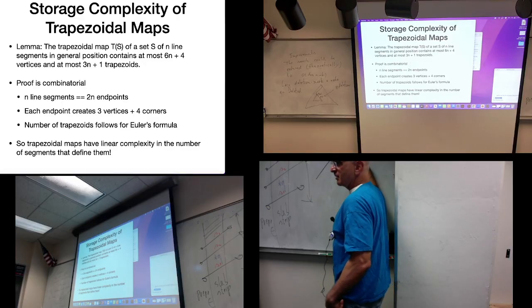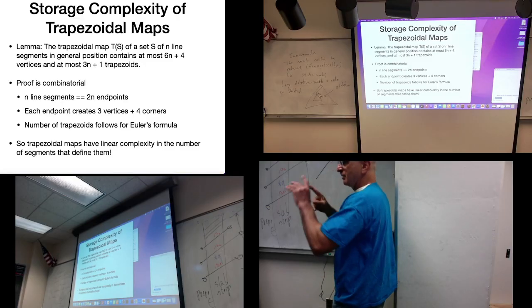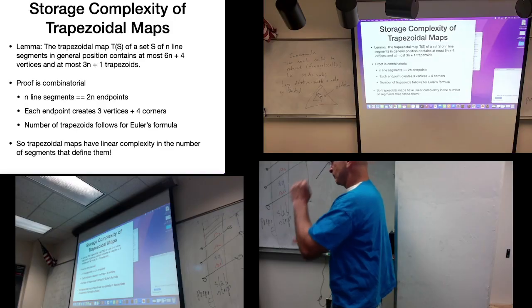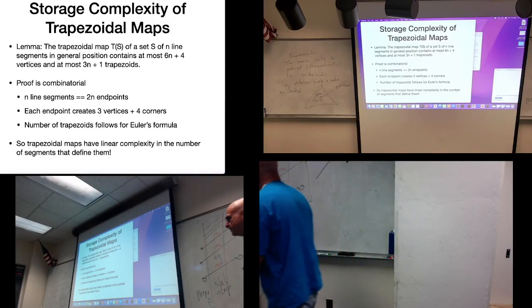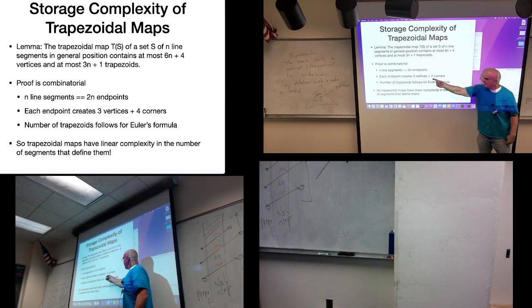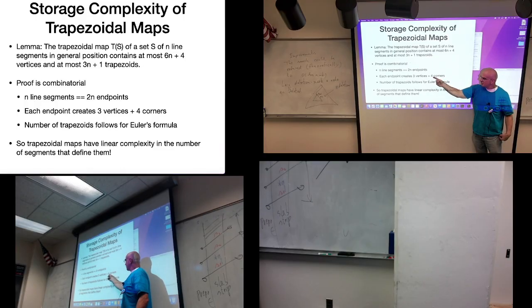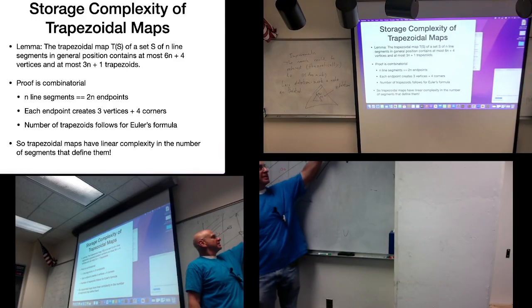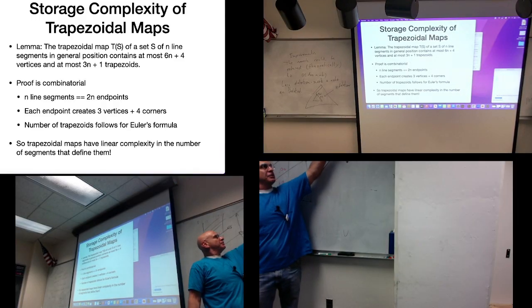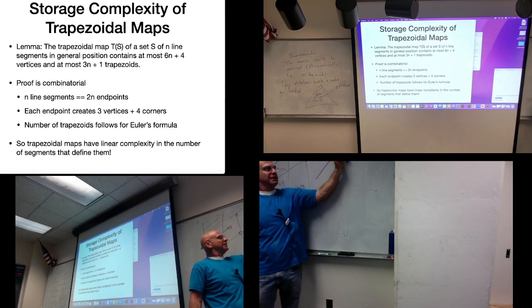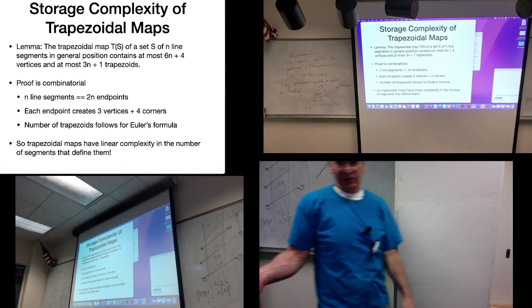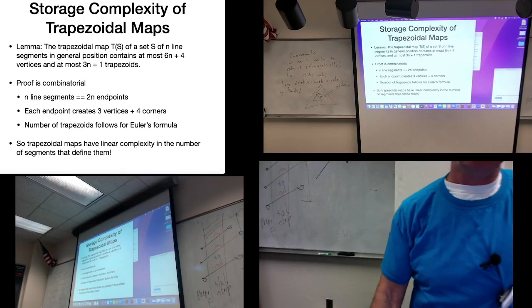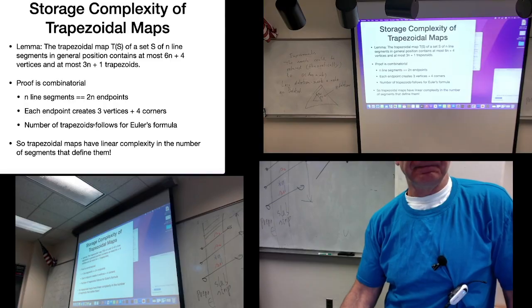Another name for the trapezoidal map is a vertical decomposition: from each element, shoot your way up, way down until you hit something else. So each endpoint of a segment can create at most 4 corners. There will be the trapezoid from this endpoint just above and to the left, the trapezoid from the right and below, and depending on how other segments behave, there will be at most 4.